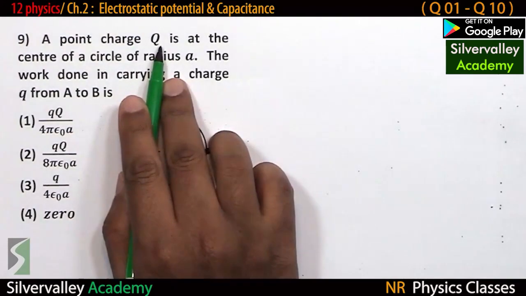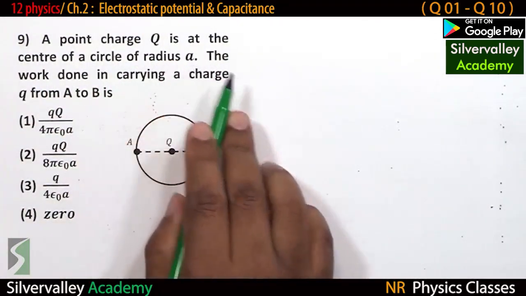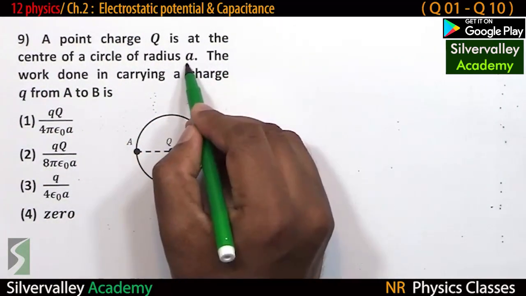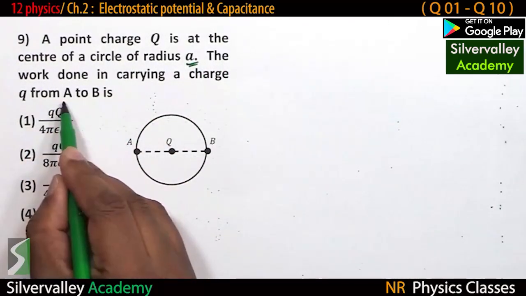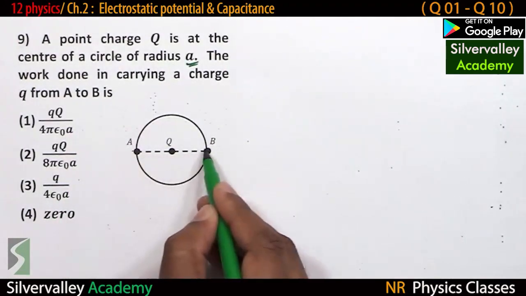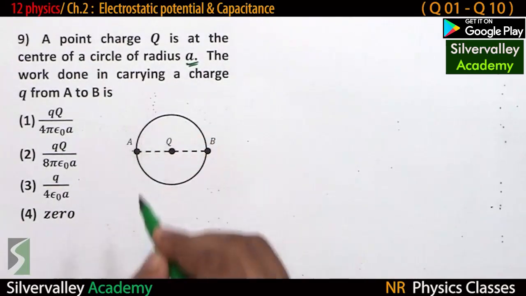A point charge Q is at the center of a circle of radius A. The work done in carrying a charge Q from A to B. A to B are on the circumference of this circle.